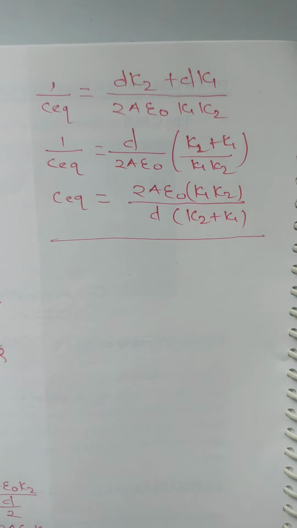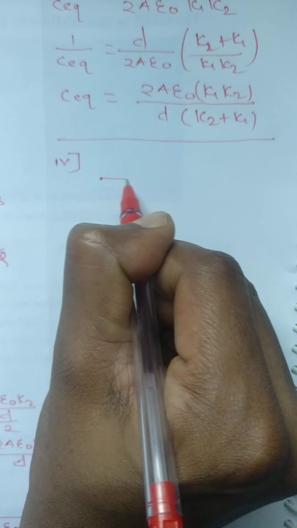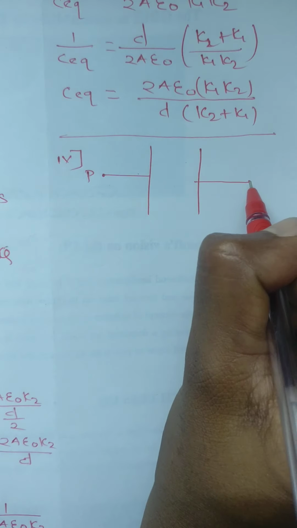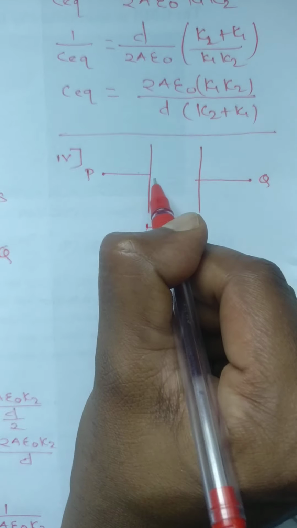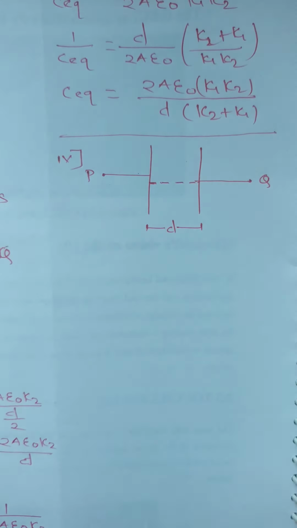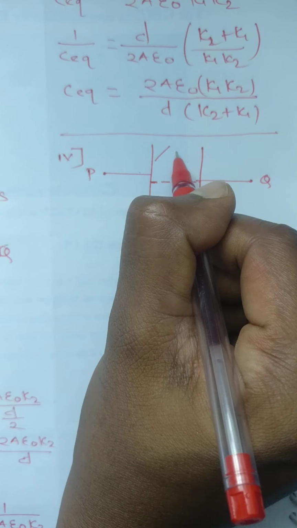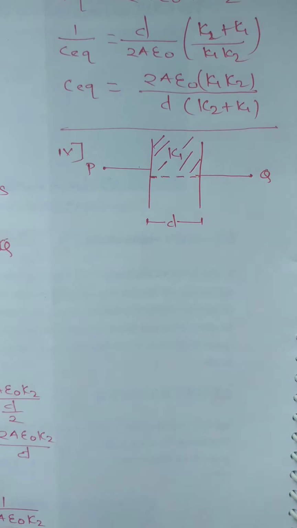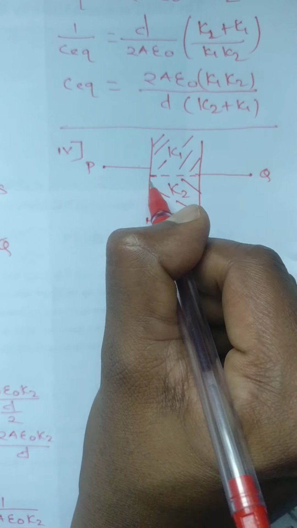Fine. Now the next case is case number 4. If I take the same capacitor, this is point P, this is point Q, and this distance is D. Now the dielectric is introduced in this particular form. This particular dielectric is K1 and this particular dielectric is K2.